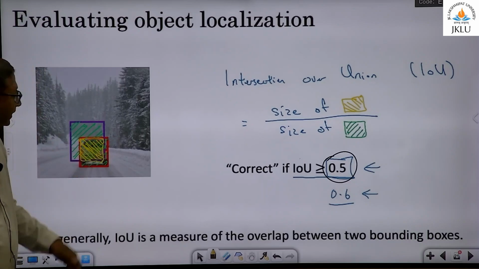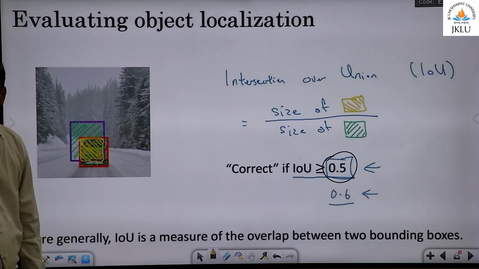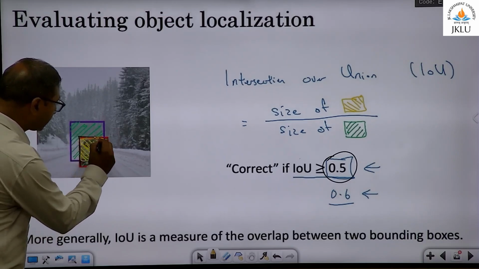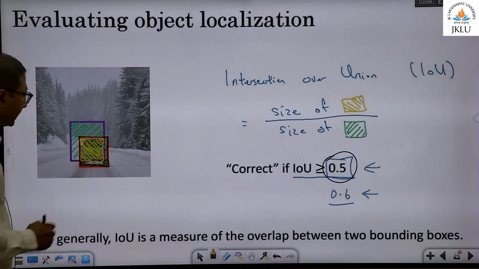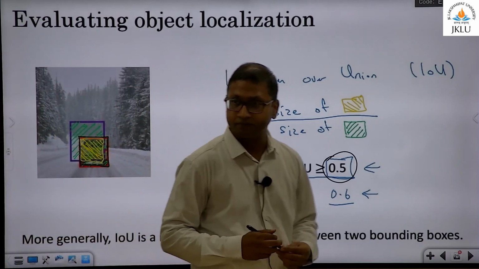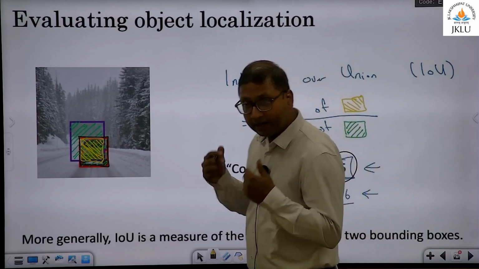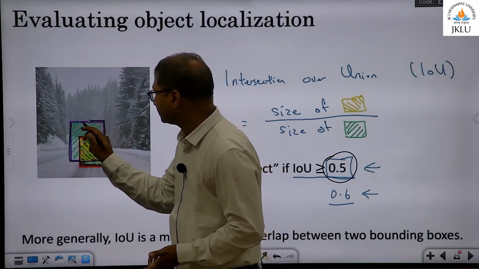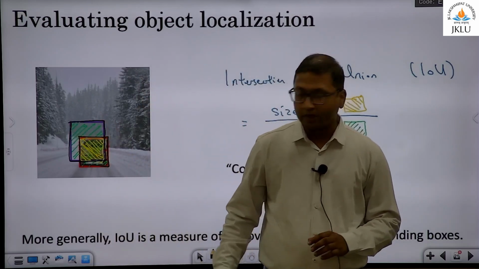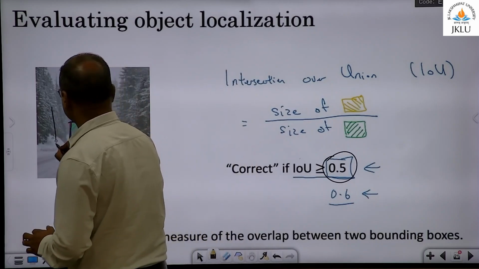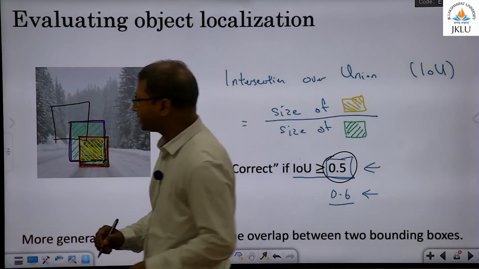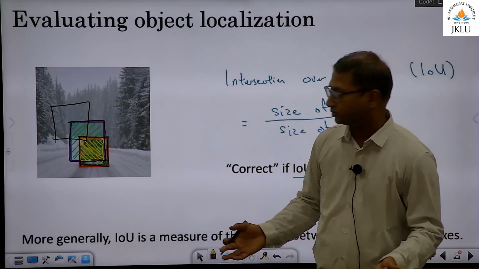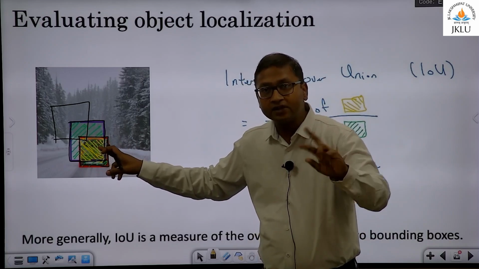What do you mean by correct? So let's say this is my bounding box that the labeler gave me in my training. Okay. And at test time, I happen to output this one. If I output this one and I say there is a car in this, is this bounding box the correct one? No, right? So how do you decide this, yes or no?